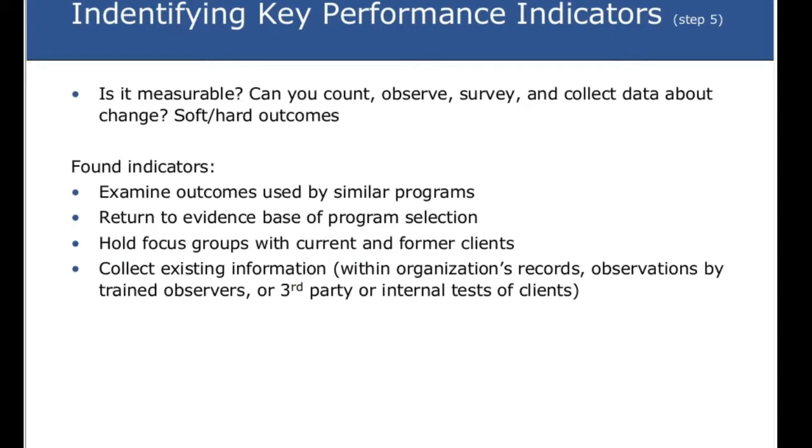For example, the organization's records you may already be collecting as part of your service delivery. Most programs can use their own records. For example, a homeless shelter may be tracking the number of overnight uses of their facility or the number of return visits from the same clientele, and that information can become part of your outcome measurement indicators.